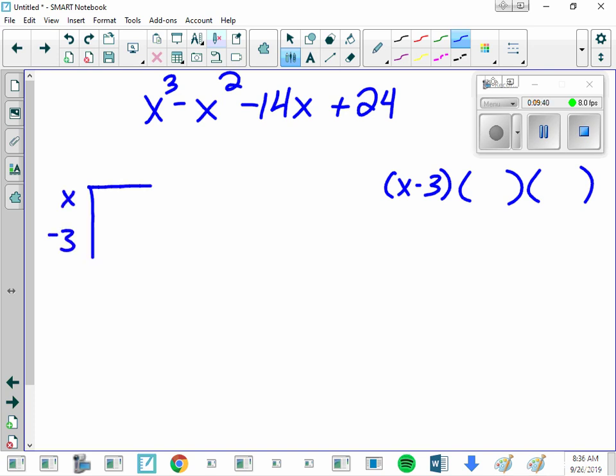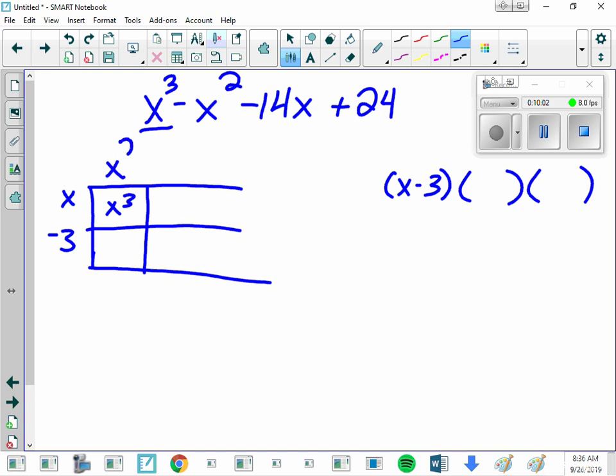This will have 2 rows and an unknown number of columns. In the first column, I put x to the third. Is anybody confused up to this point? Everybody's good? Okay.